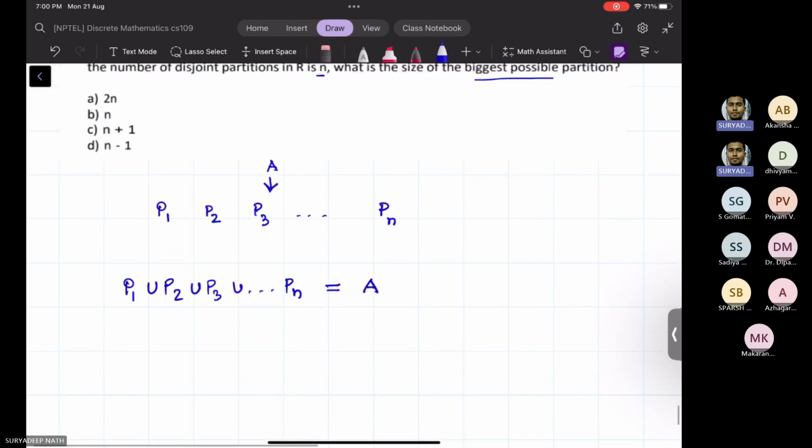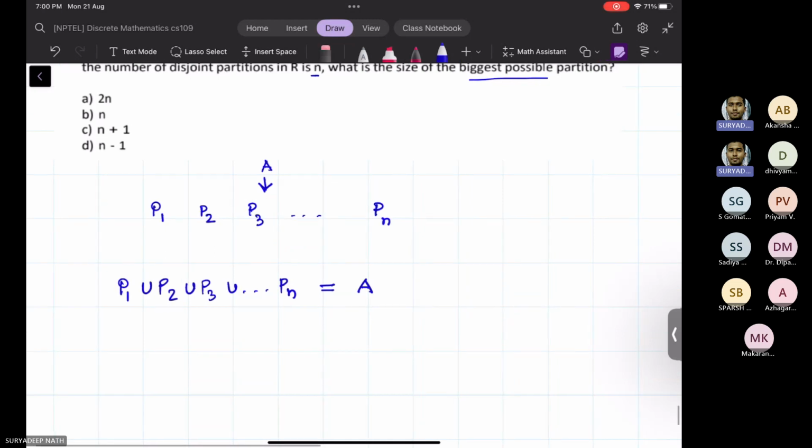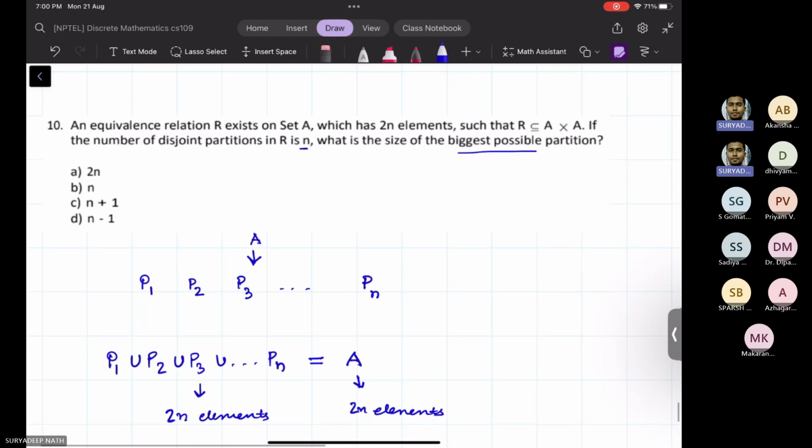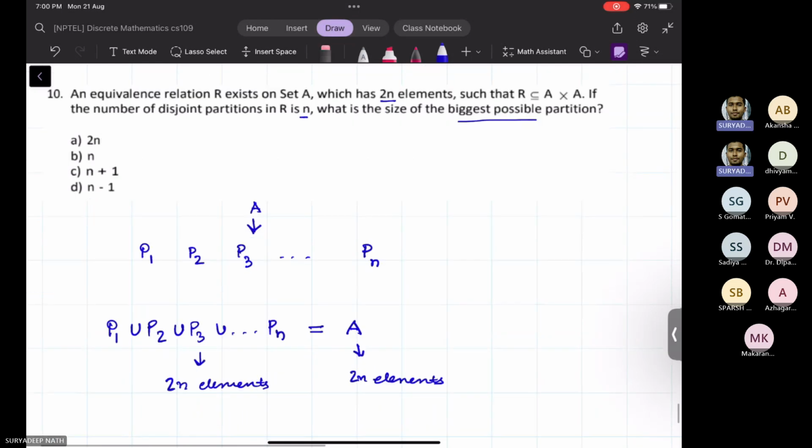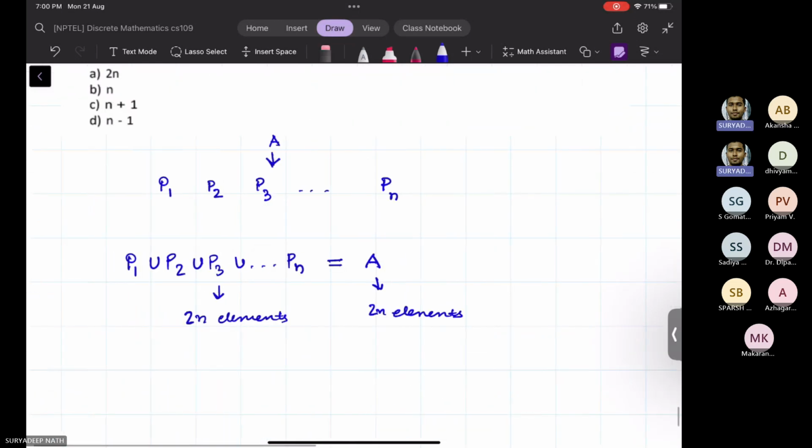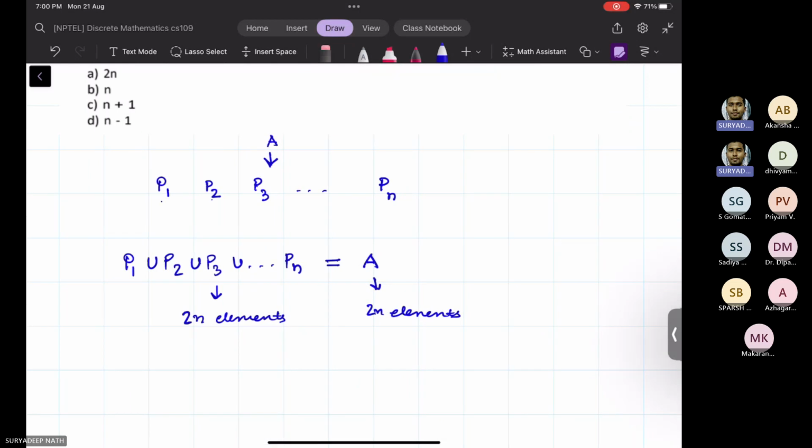So what is the cardinality? This union has 2n elements because A itself has 2n elements. Now we have a total of 2n elements distributed in n partitions. Consider you have n boxes and you have distributed 2n elements.